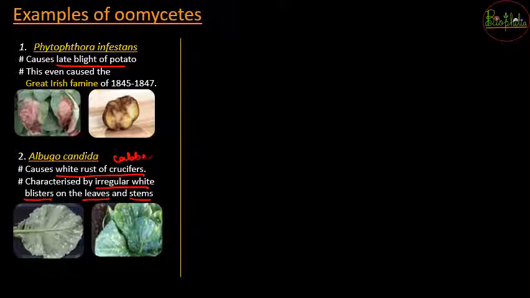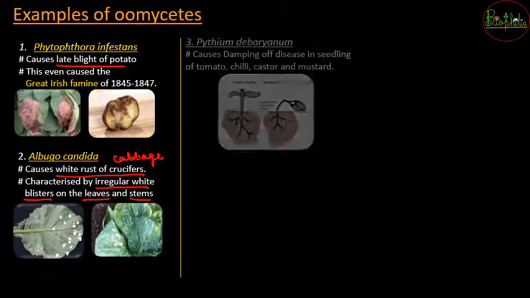You can see in the figures down here some white spots. These white spots are nothing but the irregular blisters found on the leaves and the stem. That is nothing but the fungal growth of Albugo candida. Again, that is going to destroy the entire production of crucifers, so again it is damaging for the economy.